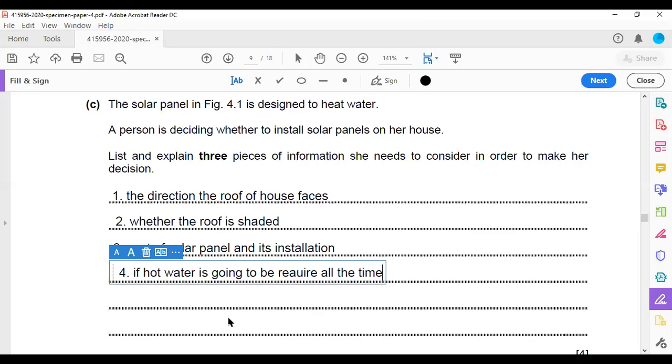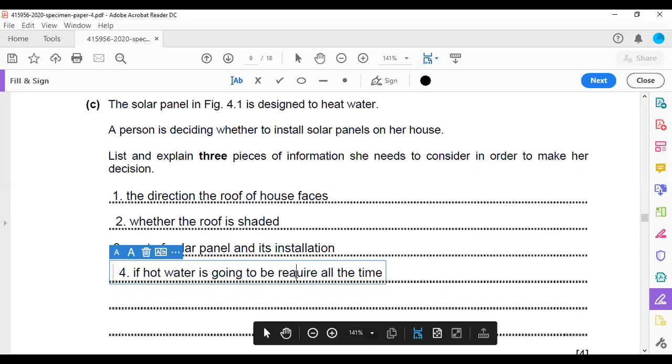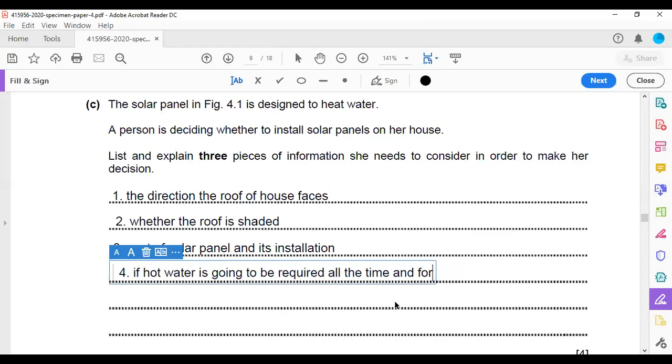If the hot water is only going to be required at night time, better just put on a shower head rather than spend all of the money and not use it all the time. So if hot water is going to be required all the time, it depends on the amount of usage.